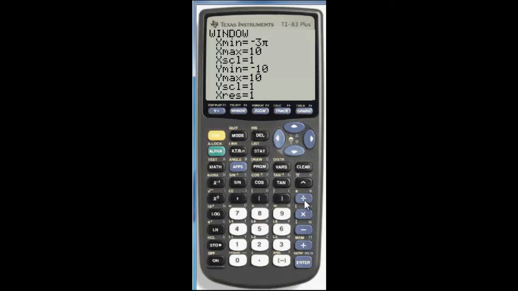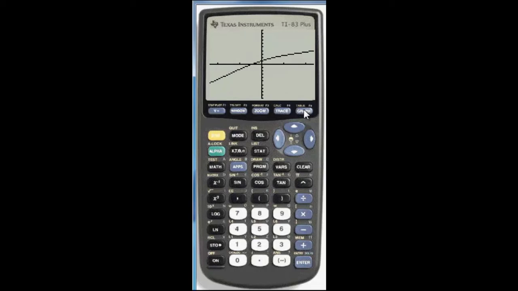Negative 3 pi divided by 4, so negative 3/4 pi. And then let's go to 3 pi over 4. And then let's go to graph, and there's the graph of the function.